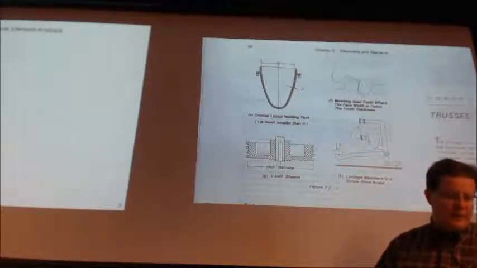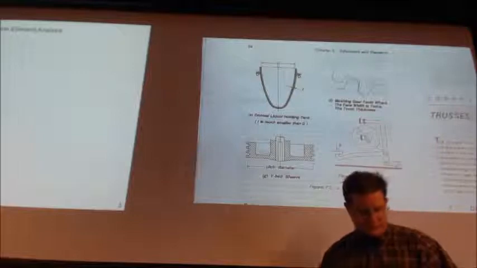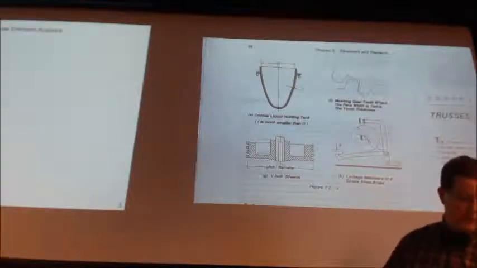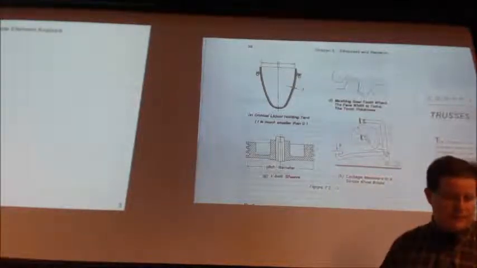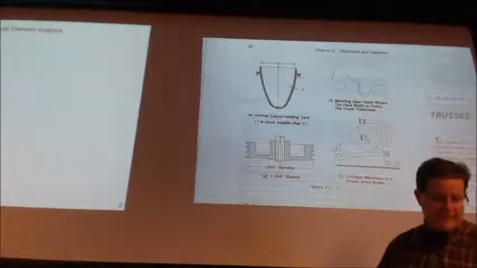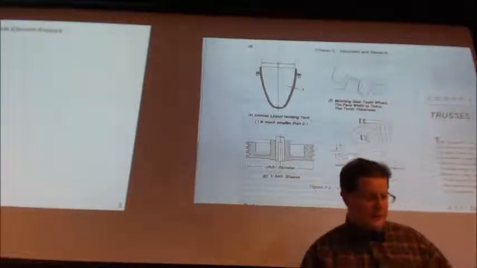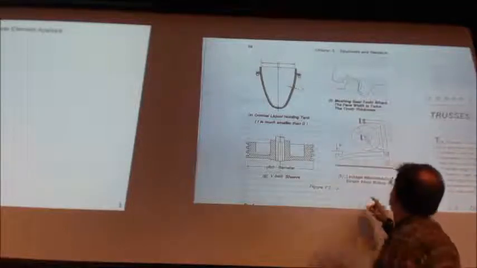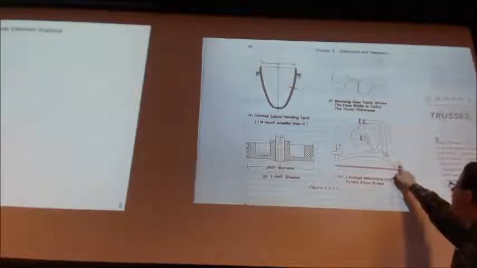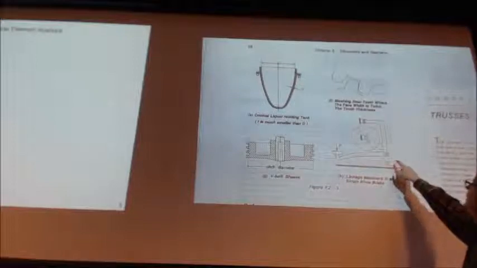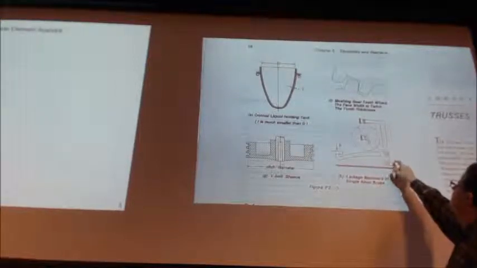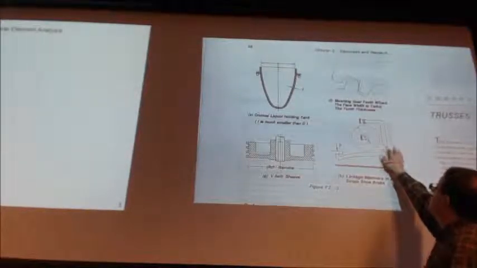So what about the H? Could you do that as a truss one? Some of them you can, yeah. Like this link here, you could. I think you can do these.